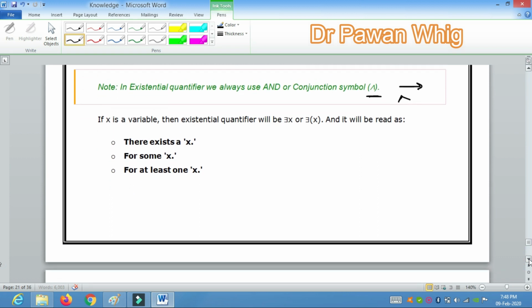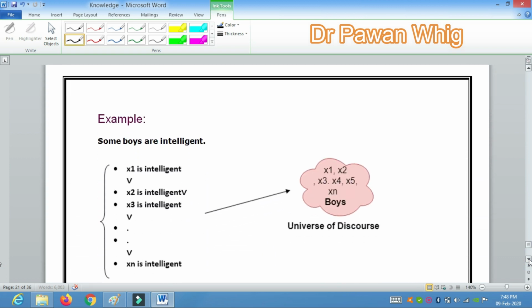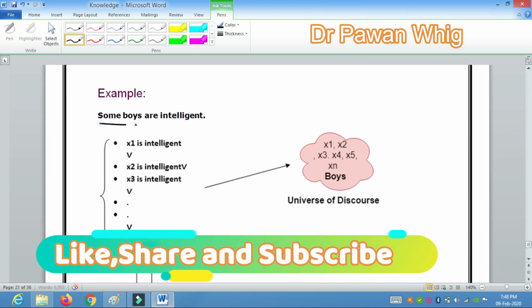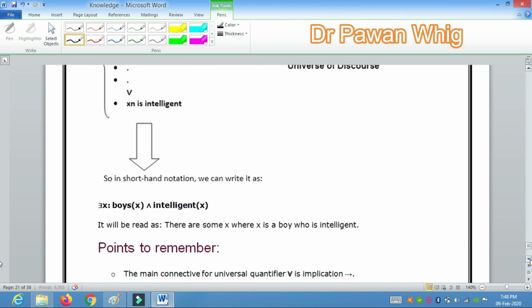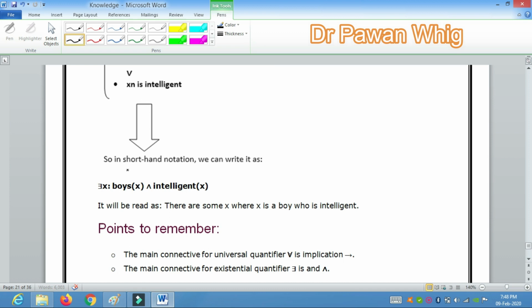Let us suppose some boys are intelligent. Now we are talking about some; earlier we were talking about all. So some means there are some boys who are intelligent. For this also you have to create a universe of discourse and then write it like this. This is the symbol for some, like an opposite E, and boys, some boys.